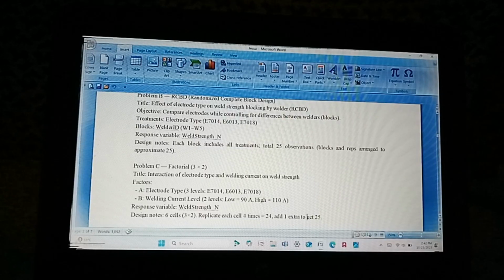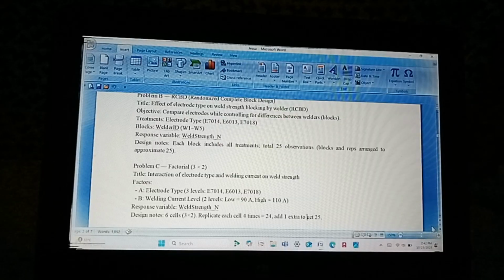Blocks: welder ID W1 to W5. Response variable: weld strength N. Design notes: each block includes all treatments. Total 25 observations, with blocks and reps arranged to approximate 25.